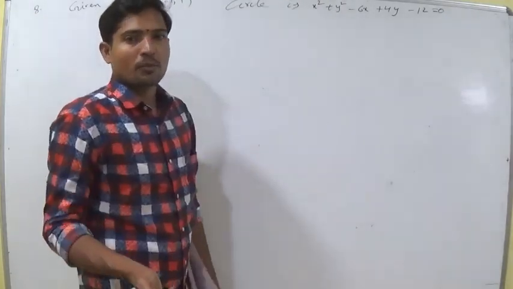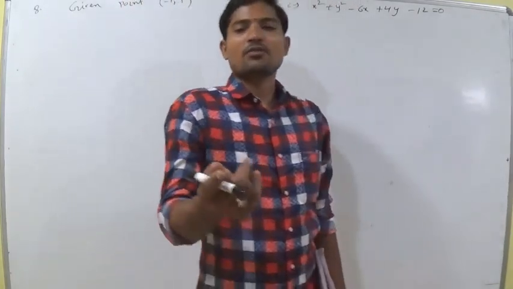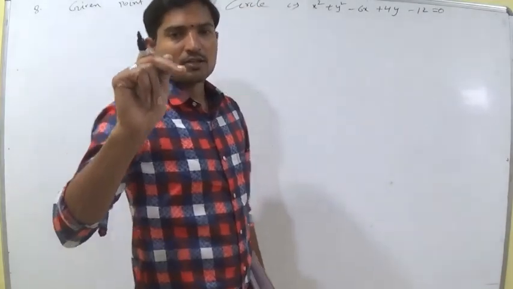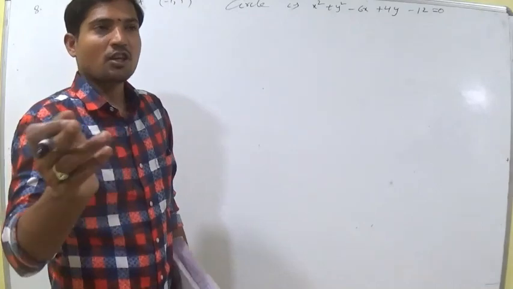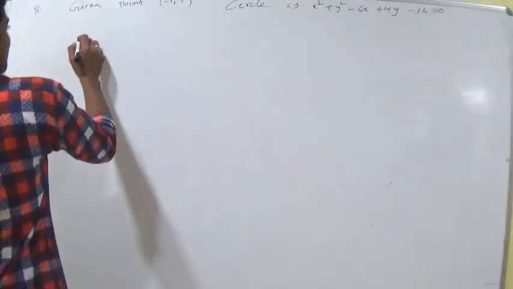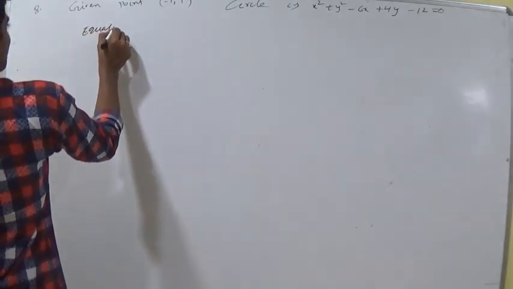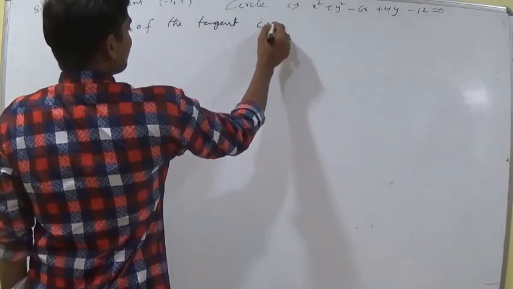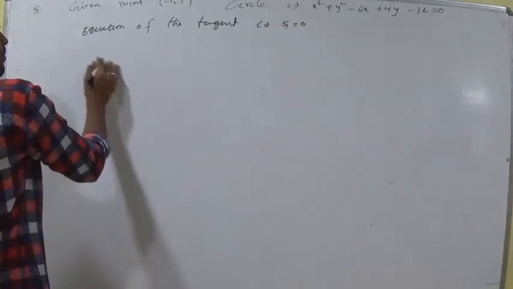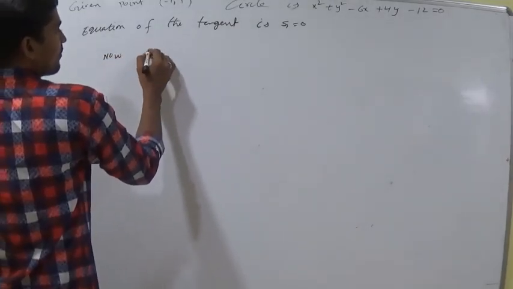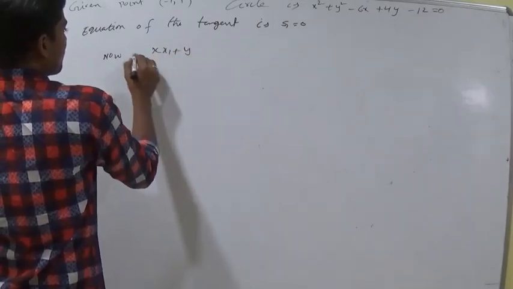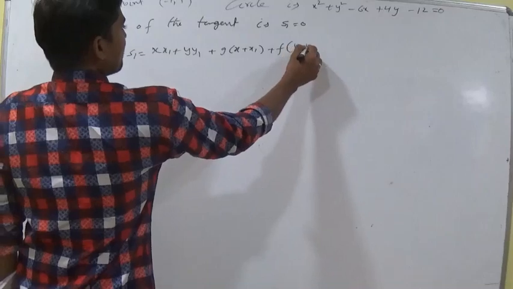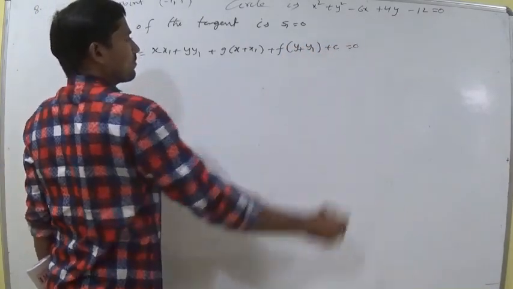Its tangent at a point (x1, y1) is S1 = 0, that is, x·x1 + y·y1 + g(x + x1) + f(y + y1) + c = 0, right?